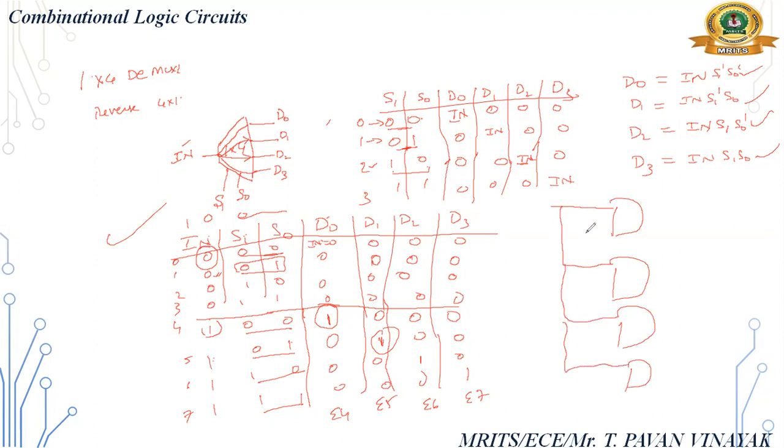Next, S0 bar, S1 bar. Next, S1 bar, S0, S1, S0 bar. Okay, like this. D0, D1, D2, D3. You can draw the circuit like this. Similarly, 1 by 8. We have 8 outputs, right? 8 outputs, 1 input, 3 selection lines. The process is the same. Okay.